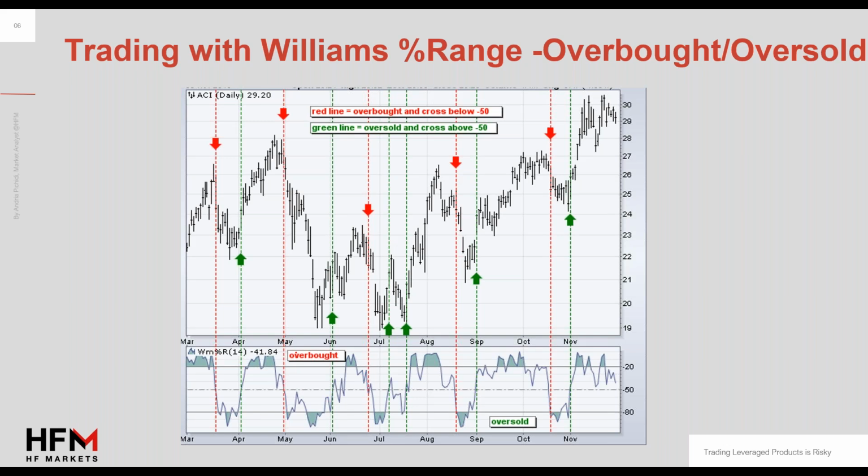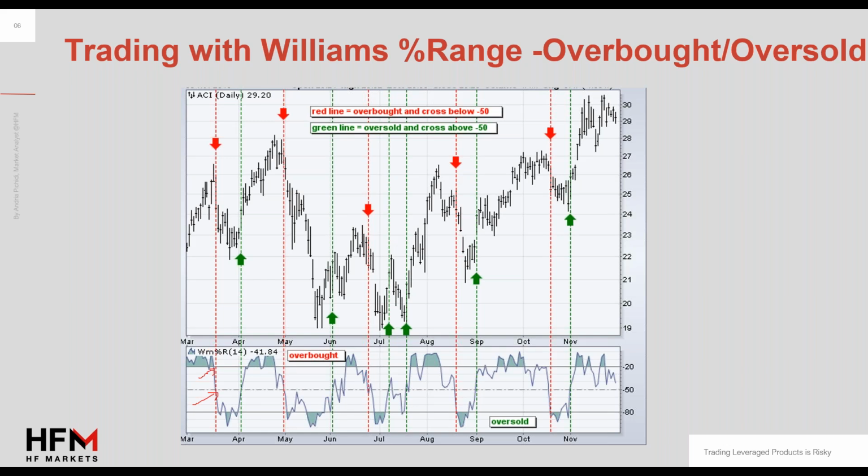Because if you have missed the -20 move for a short position, you could also enter here when it crossed below -50.